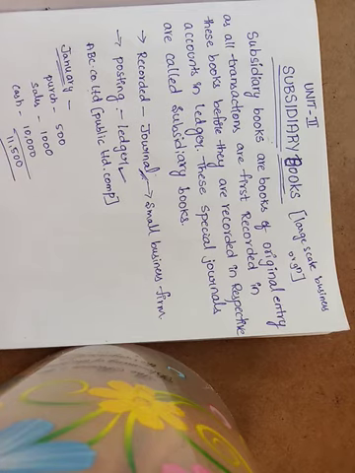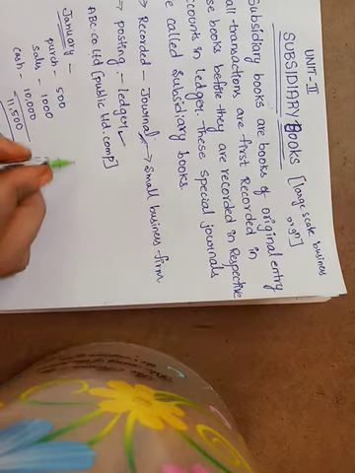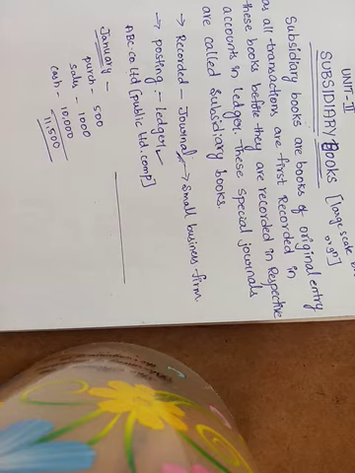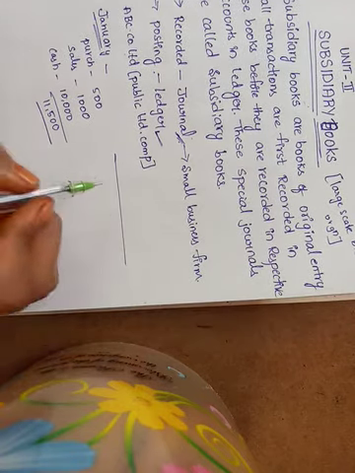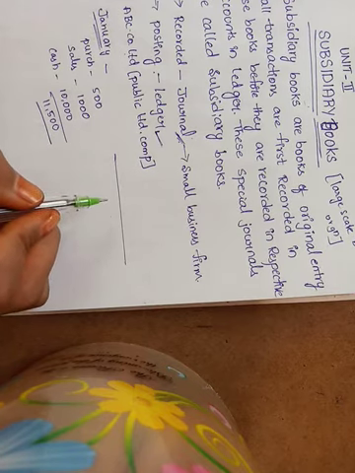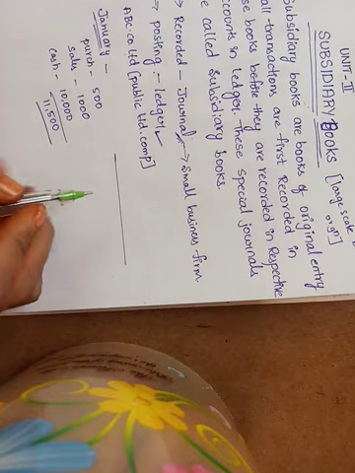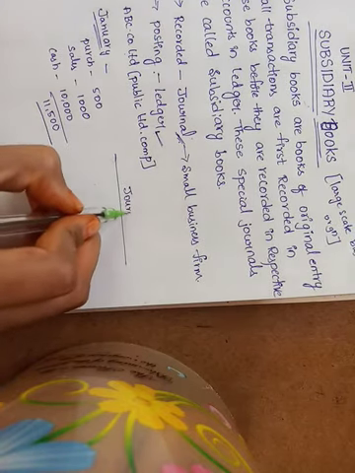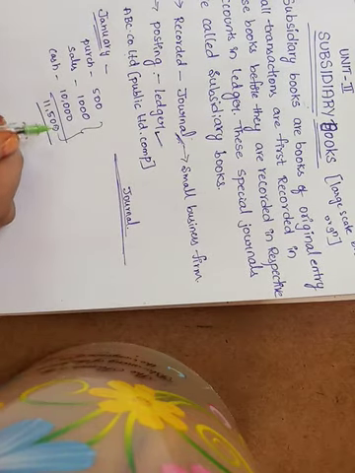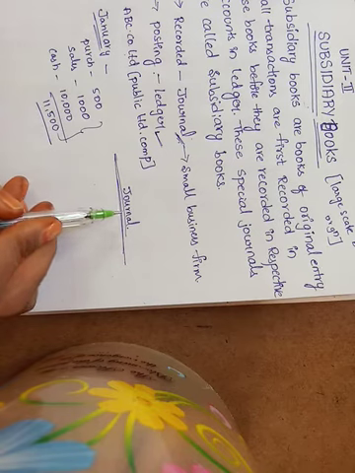So what do we do in the journal? For every transaction we write a journal entry. In that journal entry, every debit is there, every credit is there, and we also write the narration. All these transactions are recorded in this journal book.